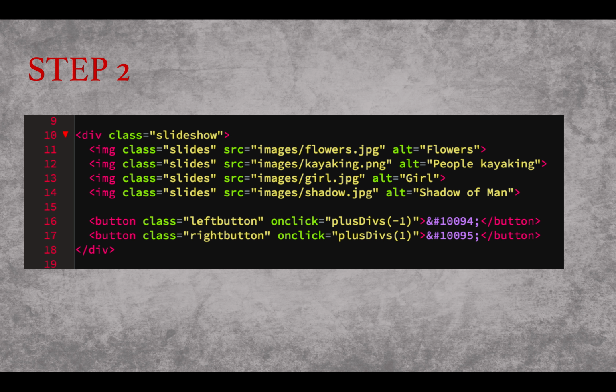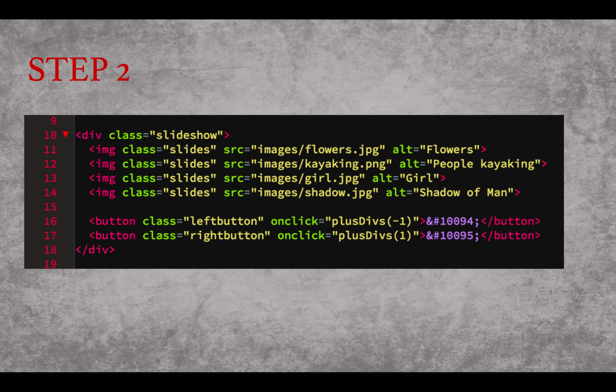So that's why the onClick event is +divs -1. And then the right button is the one going forward, so it's just 1. And then, of course, we have our buttons, our arrows. It's just an ampersand sign, pound 10094 or 95 for the right arrow.